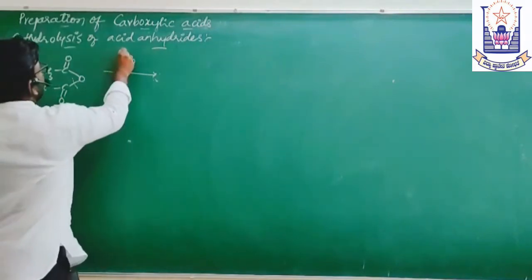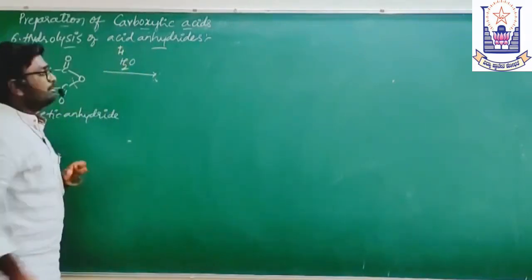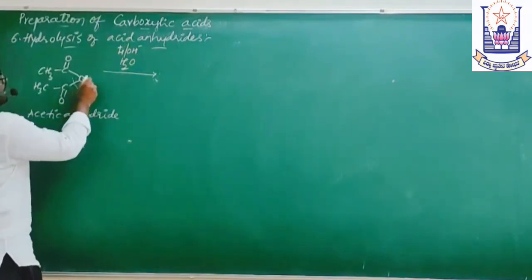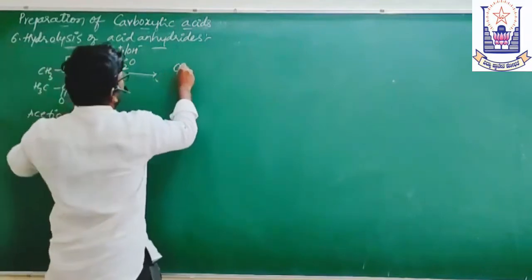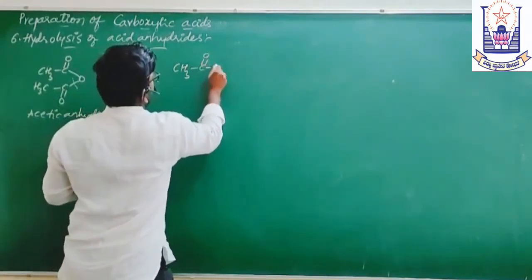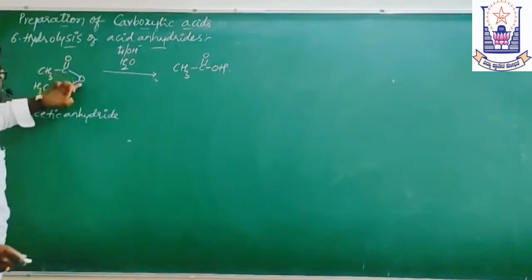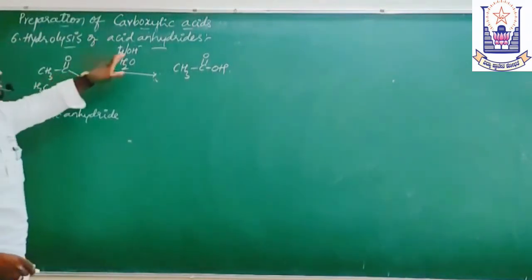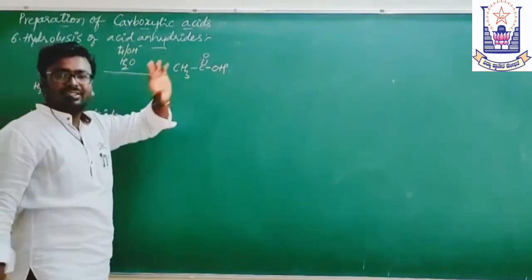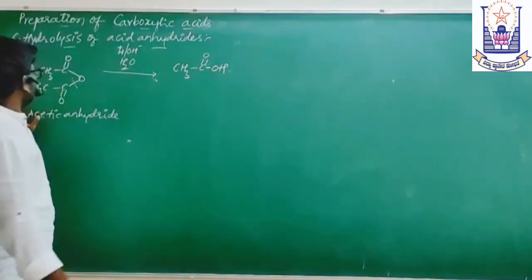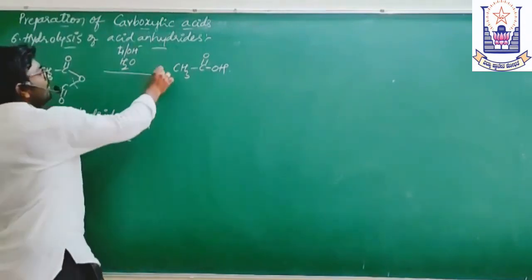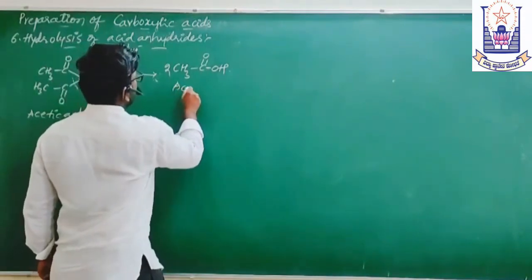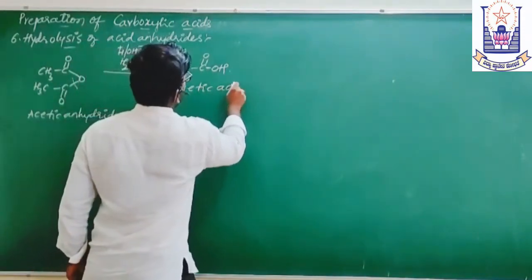H plus, which is nothing but an addendum having a positive part and a negative part. O minus will join the H plus and become CH3COOH, and this CH3CO plus will join with OH minus and become CH3COOH as the product. So hydrolysis of acetic anhydride will give you 2 moles of acetic acid.